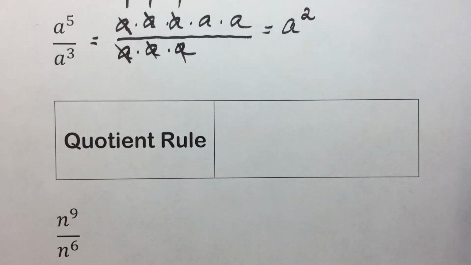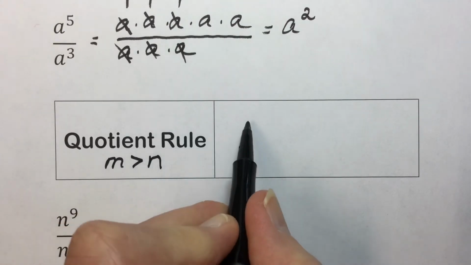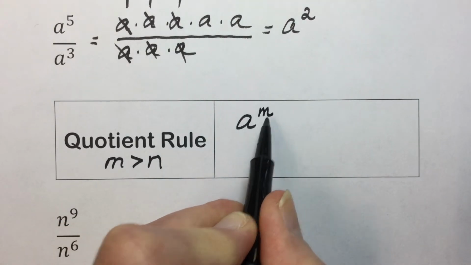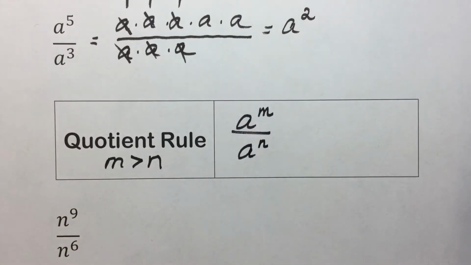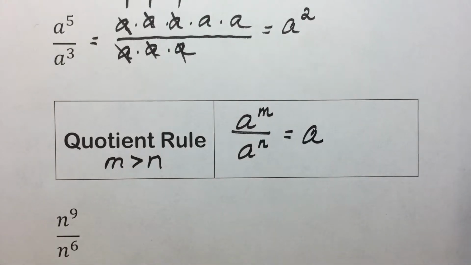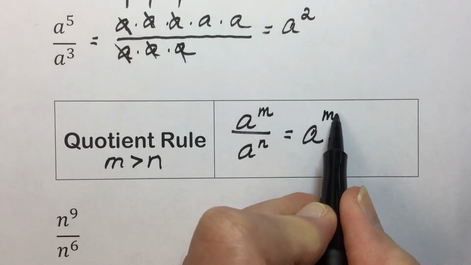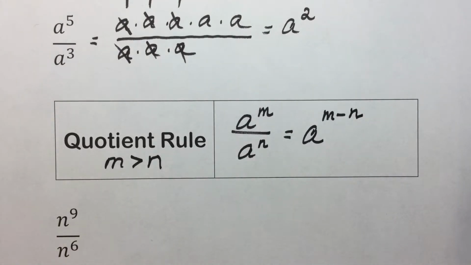For any non-zero number a and any positive integers m and n for which m is greater than n, we have the following rule. A to the m divided by a to the n can be simplified by taking the difference of the numerator exponent and the denominator exponent.